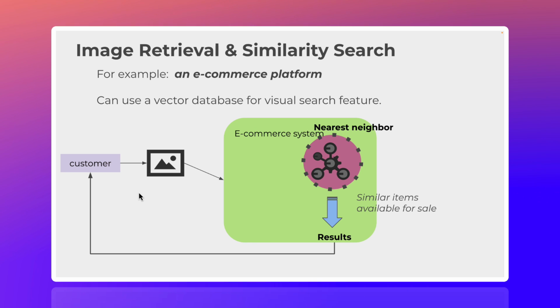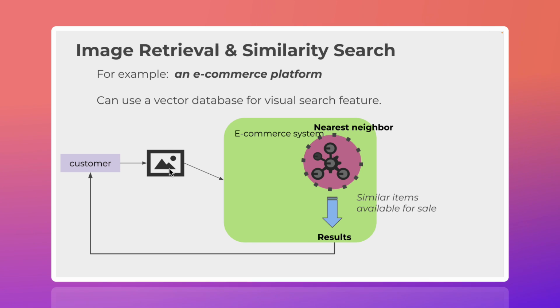So an overview would be: a customer uploads a photo of a piece of clothing they like, and then the system retrieves similar items available for sale by converting this image into feature vectors and searching for the nearest neighbor in the vector space, and then returning the similar items available for sale.